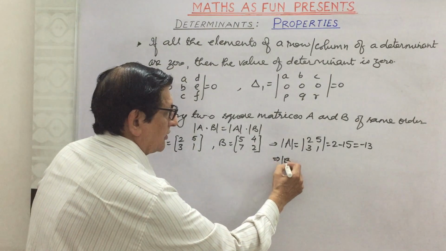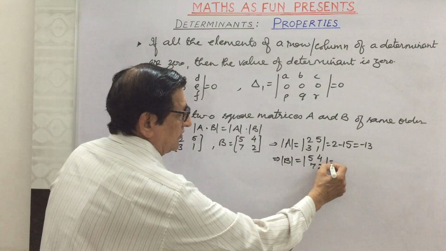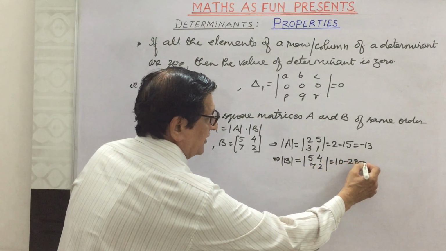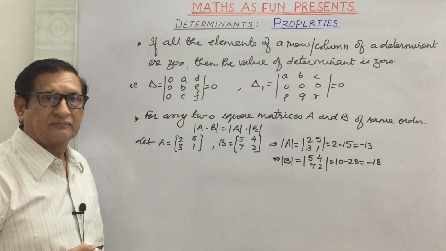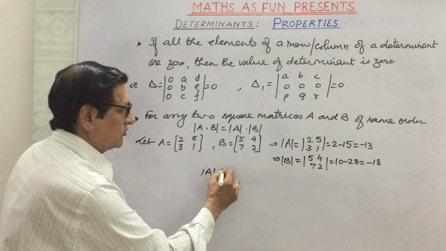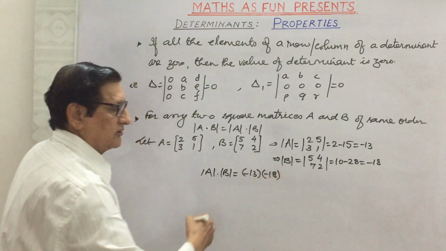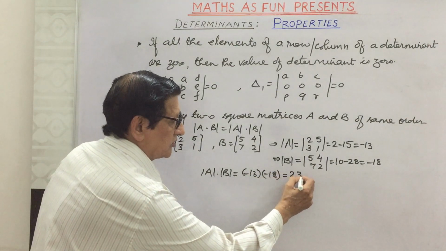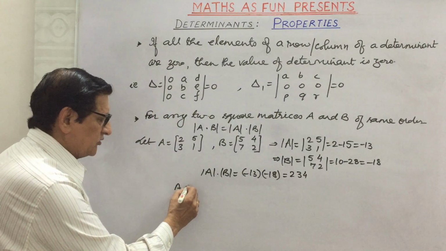Determinant B, that is 5, 4, 7, 2, that is 10 minus 28, or we can say minus 18. If we find the value of determinant A into determinant B, that is minus 13 into minus 18. This is 234.